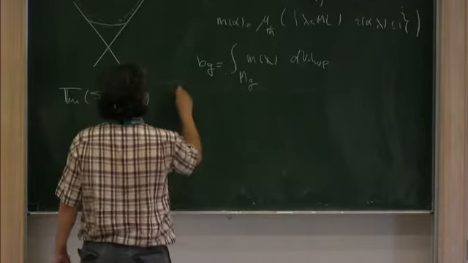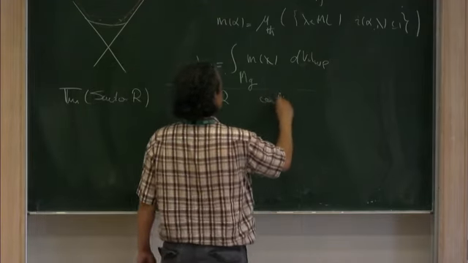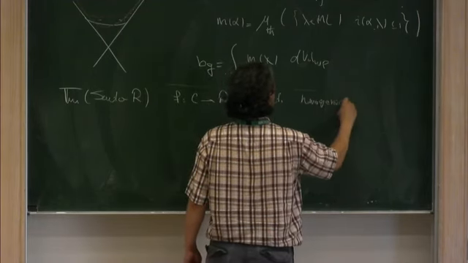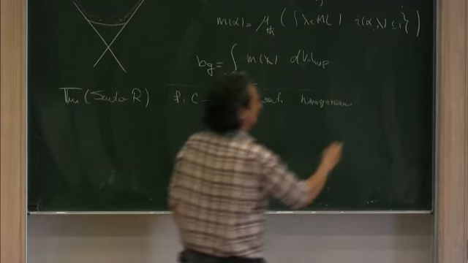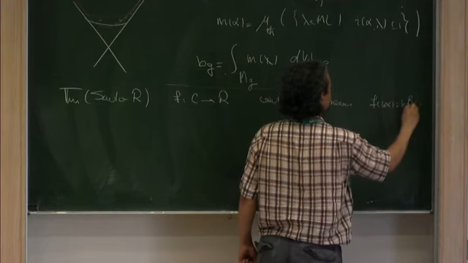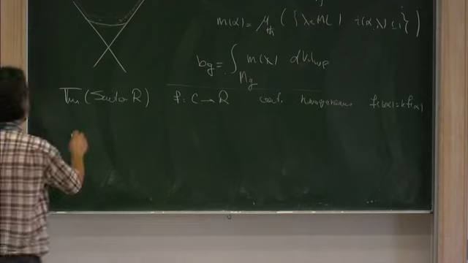So let's say you have an f from C to R, which is continuous and homogeneous. Homogeneous just means f of k times alpha is k times f of alpha. And I want to do a nice counting problem like that.